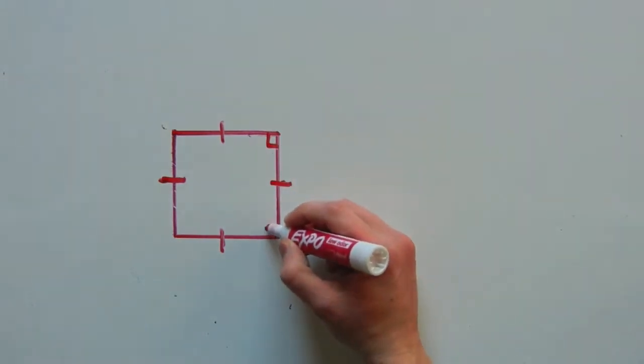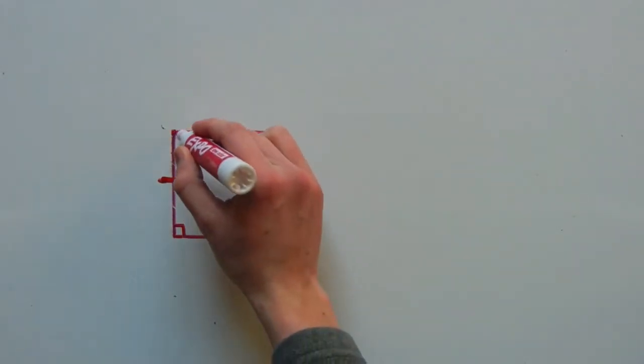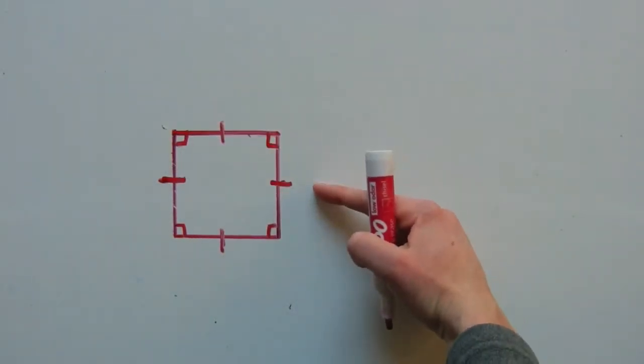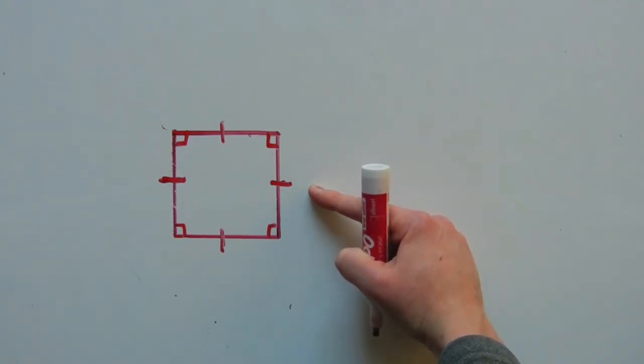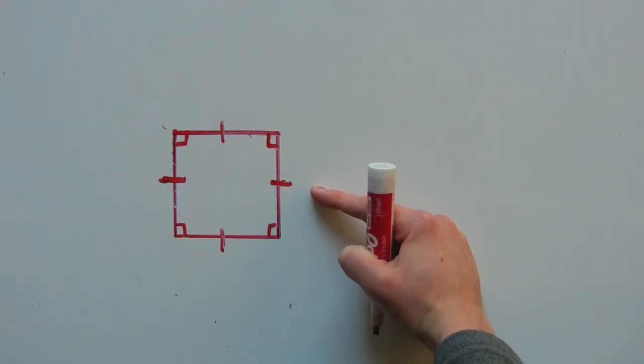Also, each of the angles are 90 degrees. So a square is also a regular quadrilateral. The special thing about a square is if each of the sides are the same, instead of adding all 4 sides together, we only need to multiply one side 4 times.